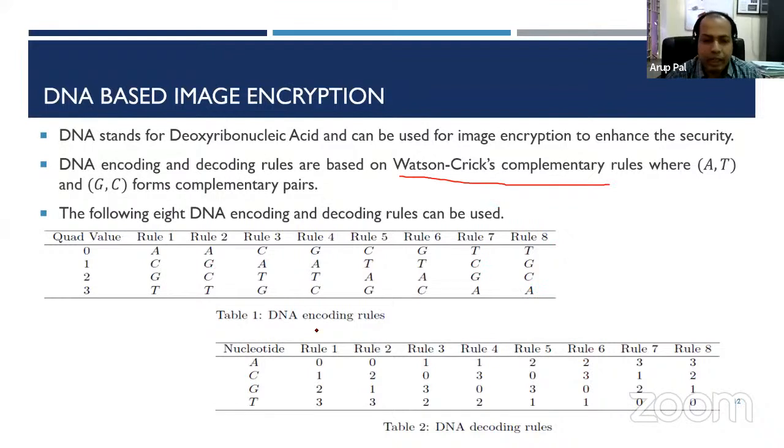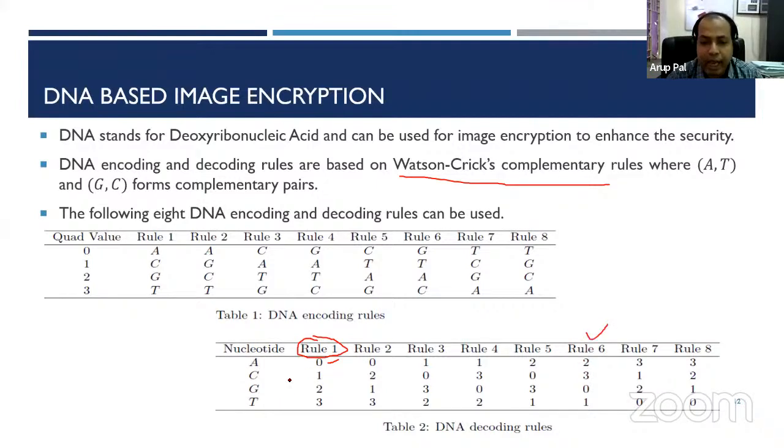Now subsequently, if you have a value like 0, you are following rule 1. So 0 stands for A, 3 stands for T, 1 stands for C, and 2 stands for G. Suppose you are using rule 6.